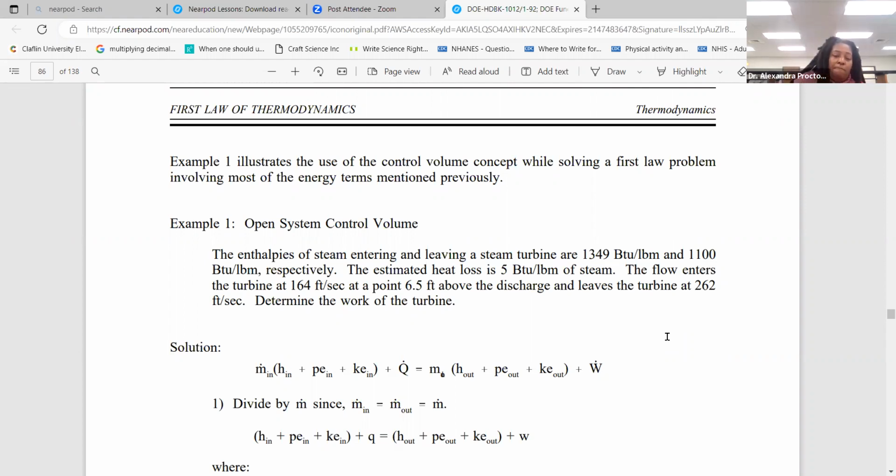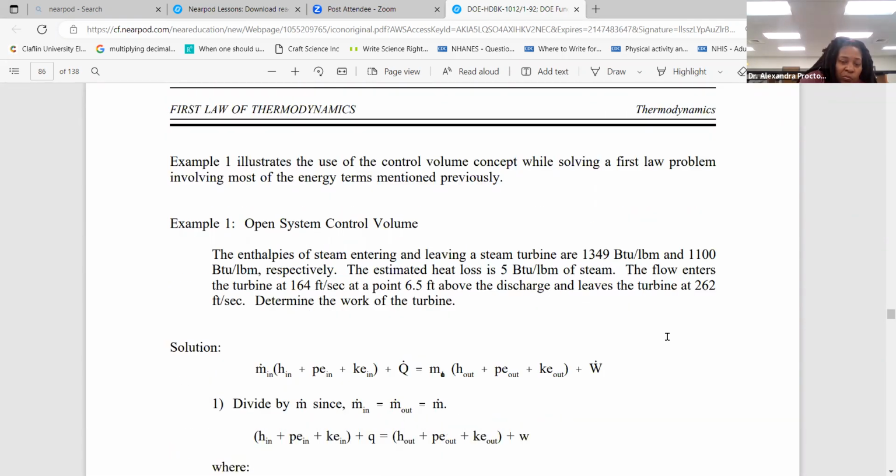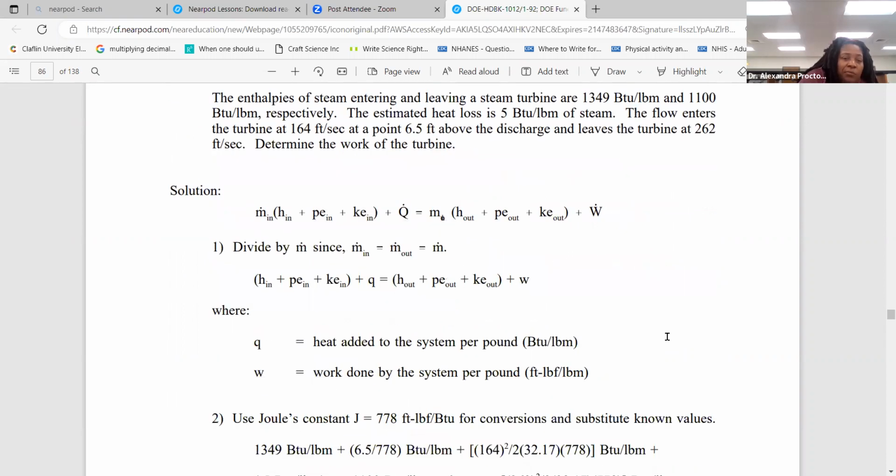W is the rate of work done by the system. We're going to divide out the m, since m in is equal to m out.